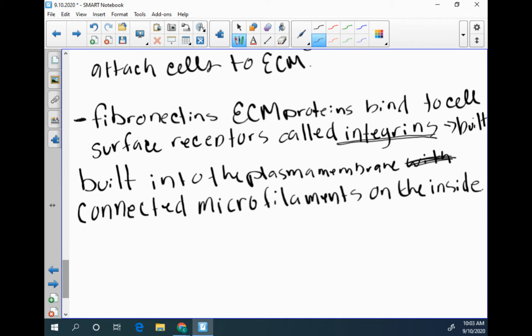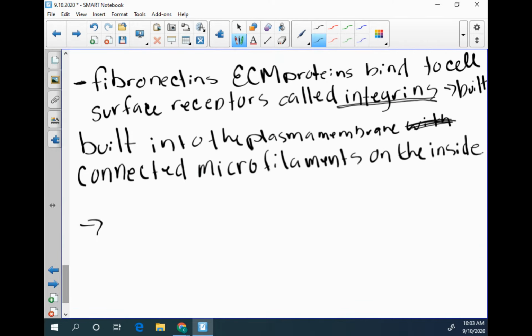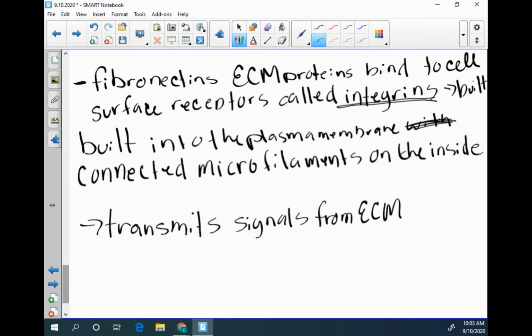These transmit signals between the extracellular matrix and the cytoskeleton, which helps regulate cell functions.